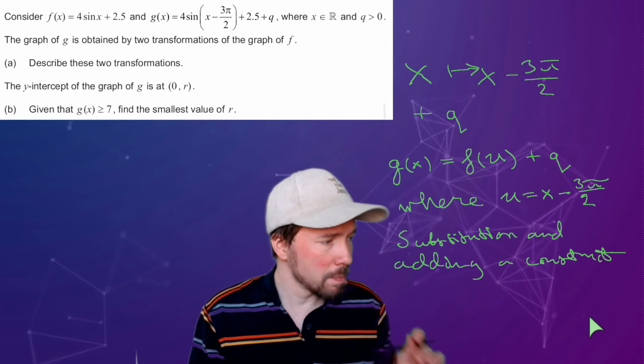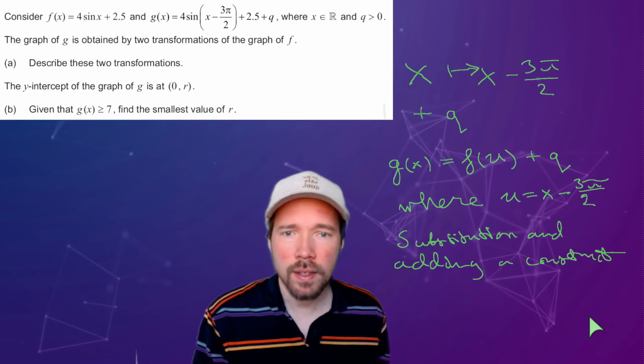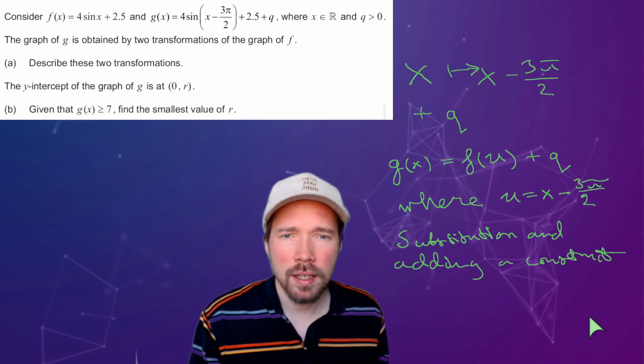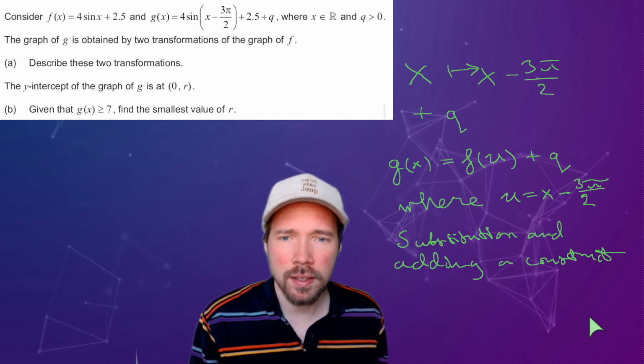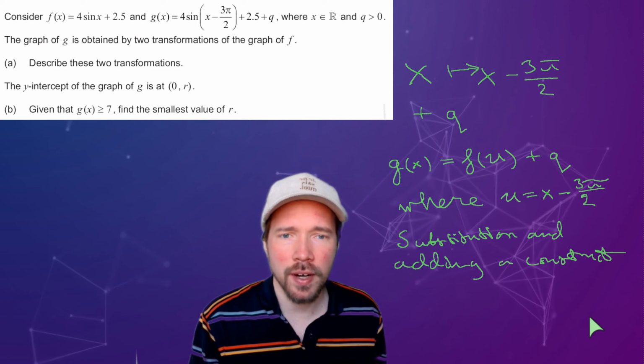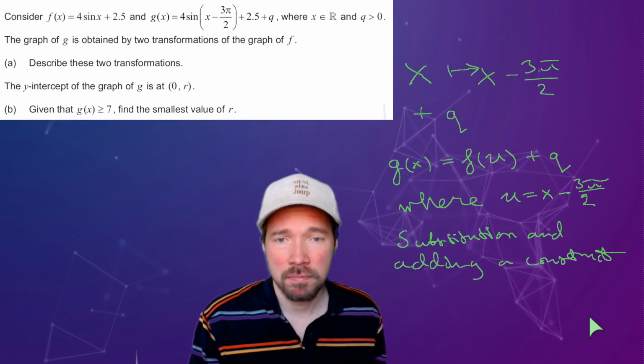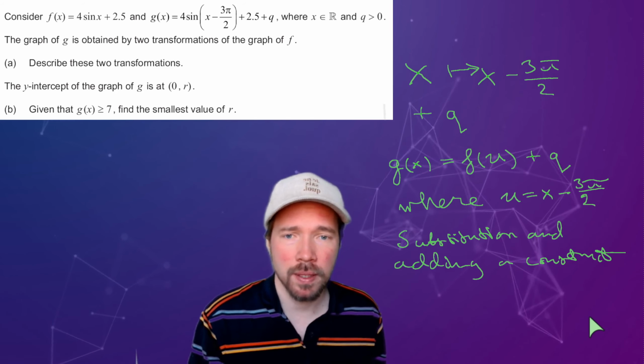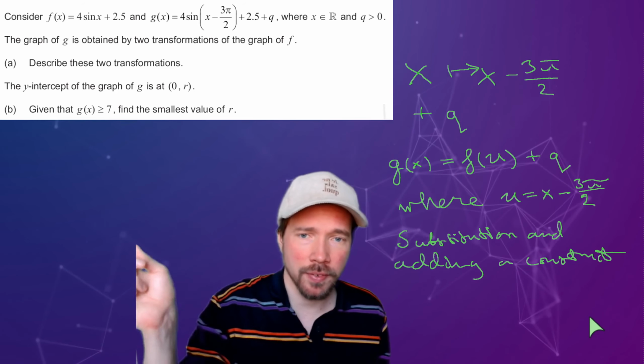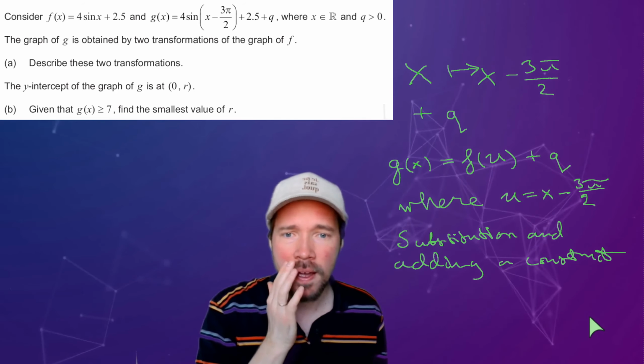Okay, and then part B. They say that the y-intercept of the graph of g is at 0, r. The y-intercept means the point where the graph intersects the y-axis.